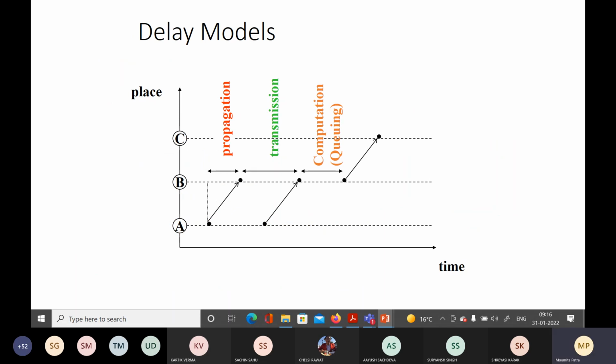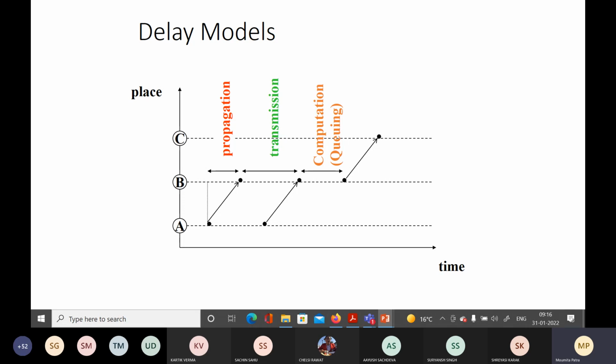Now let's get to our networks. When we talk about queues from the point of view of computer networks, we have already read that there is a queuing delay associated, because when packets arrive, if there is congestion and routers are unable to serve the packets as fast as they are arriving, then there will be queues in the routers.